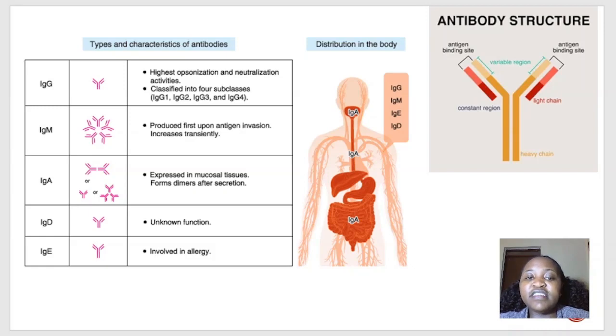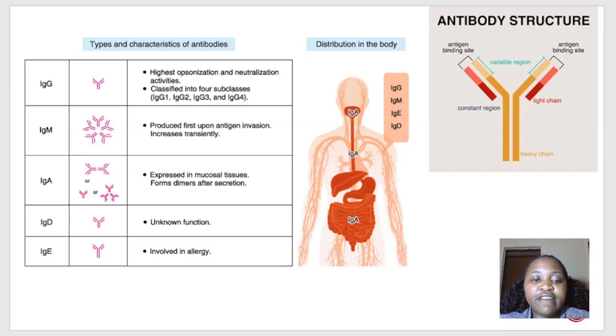Now we have different types of antibodies. We have IgG, which is monovalent and normally has the highest opsonization and neutralization activities within the body, and it can be grouped into some subclasses, that is IgG1, IgG2, IgG3, IgG4. And then we have IgM, which is pentavalent. It has 5 moieties, and it is normally produced first upon antigen invasion.